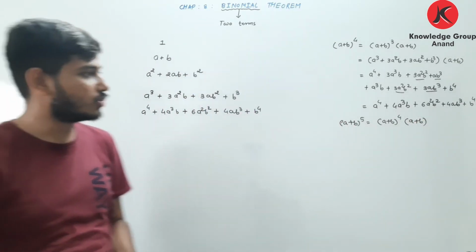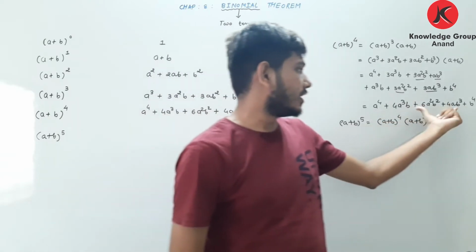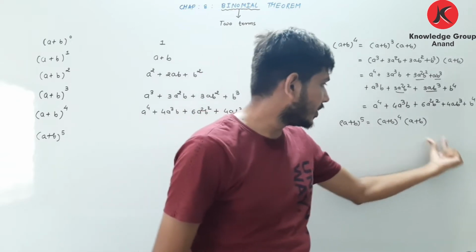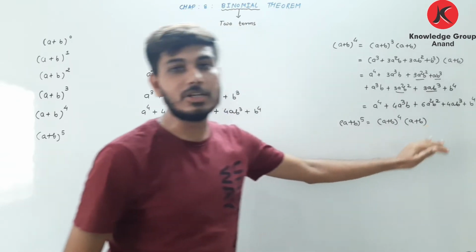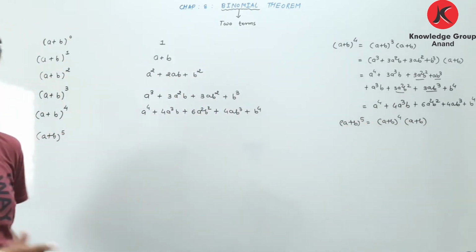You have to simplify this first. So here this is a plus b whole raised to 4, I will multiply into a plus b. Then evaluate this. Then you can obtain a plus b whole raised to 5.